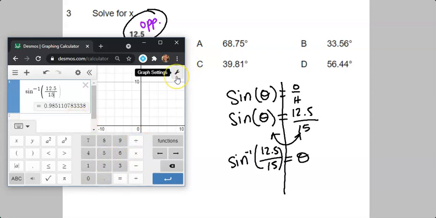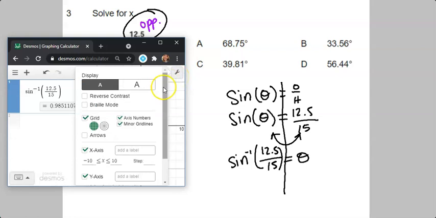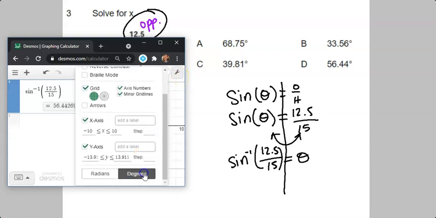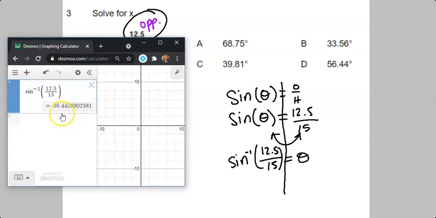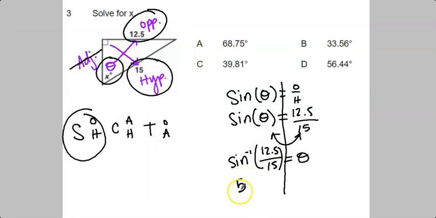And then we need to click our settings and make sure that we are in degrees. So make sure degrees is clicked. And so we can see that our theta, or our angle, is about 56.44 degrees is our theta.